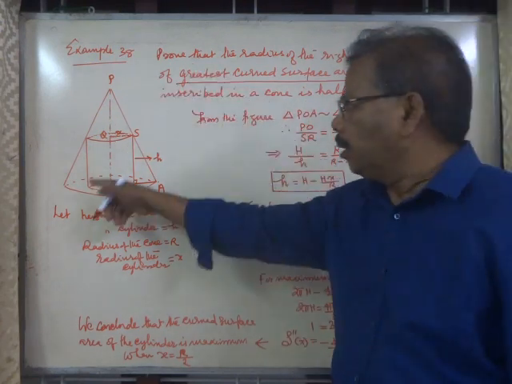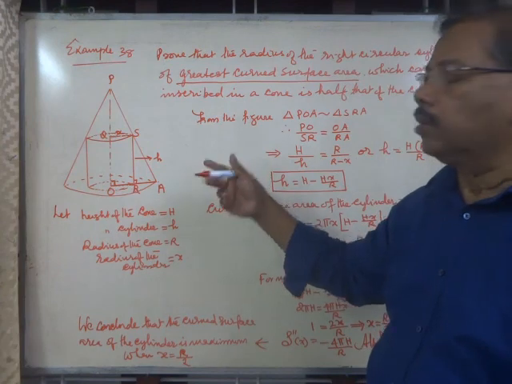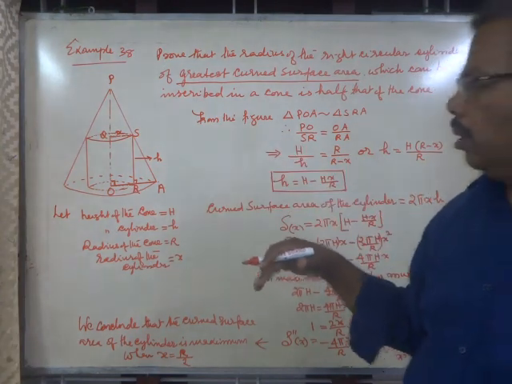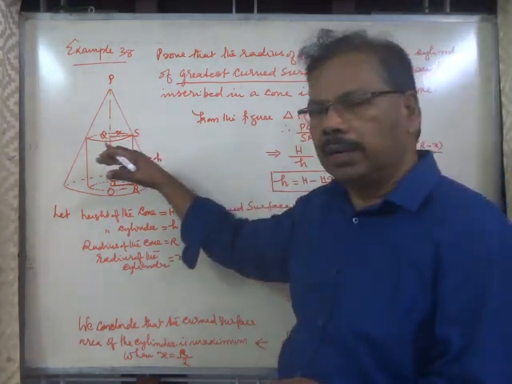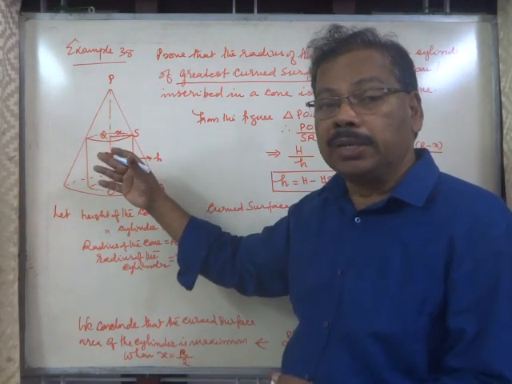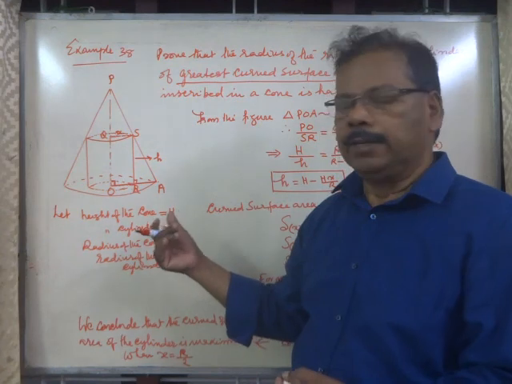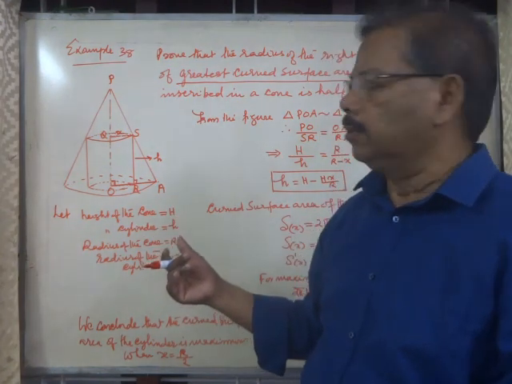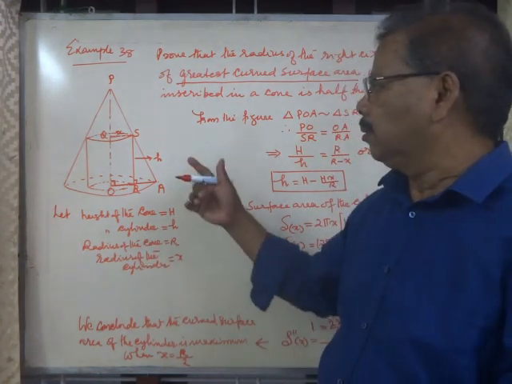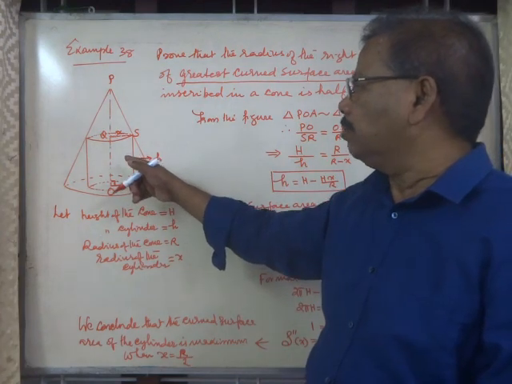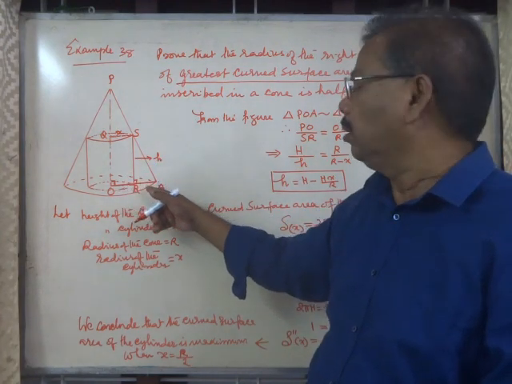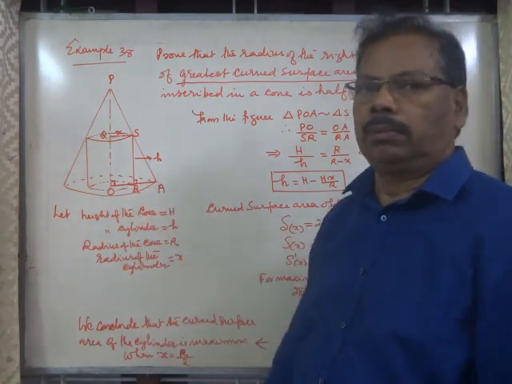You are given a cone. Suppose you inscribe a cylinder in it to get maximum curved surface area. In that case, the radius of the cylinder must be half that of the cone. We have to prove it.